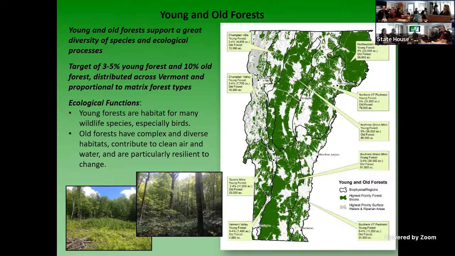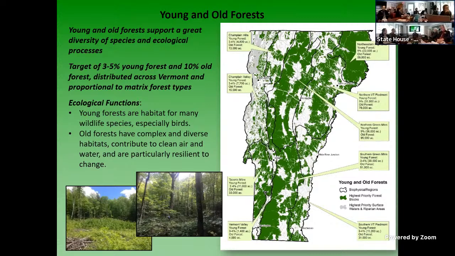I think the larger takeaway here is that we want this diversity of age classes across the forest, and we have a variety of ways to get them, which are consistent with the goals of managing and gaining other benefits from our forest. So we can have this full suite of age classes, and we can also gain other benefits from our forests.